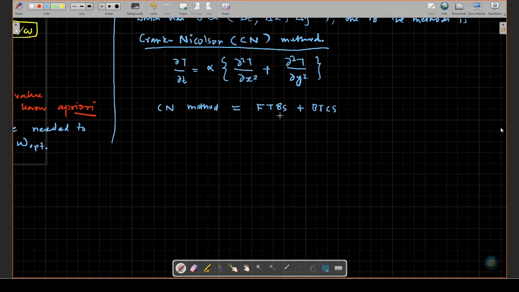So it is a combination of one explicit and one implicit. Okay, this is what the CN method is. So how can we get the CN method? To get the CN method, we first take the FTCS formulation, then we take the BTCS formulation.